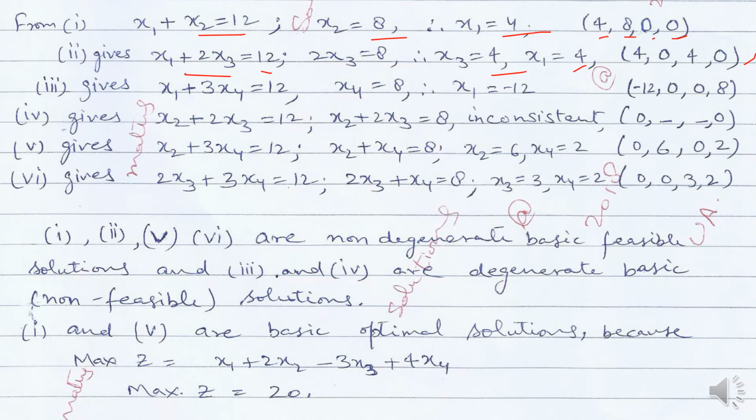Now in the third case, when we put x2 and x3 as 0, we get the first constraint as x1 plus 3x4 is equal to 12. It gives us the second equation.